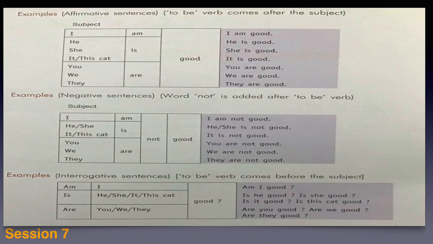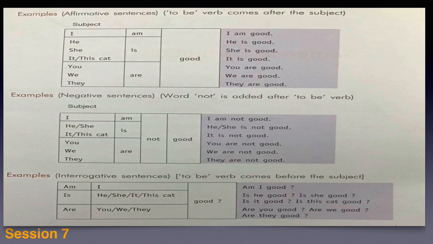The first one is, am I good? Is he, she, it, this cat good? Are you good? Are we good? Are they good? Like this way we will form interrogative sentences.